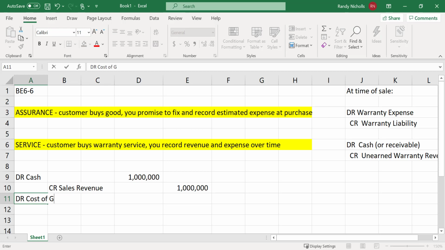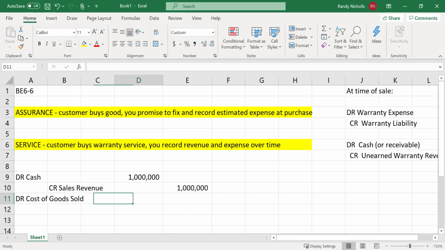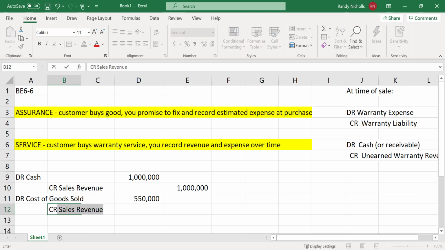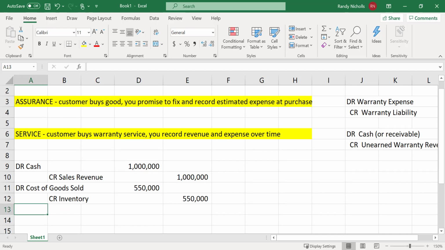Right, matching. If I'm recording the revenue for selling something, I should record the cost of those goods that I'm selling. Normally, if I'm selling goods, I'm bringing it out of inventory. Okay, so my normal entry for selling a good out of inventory.